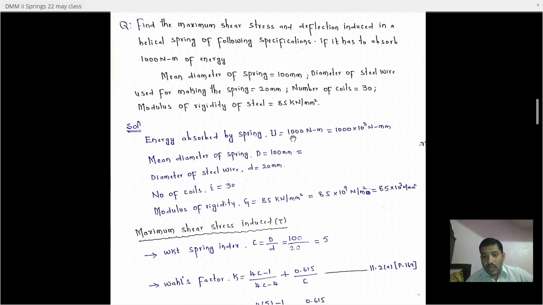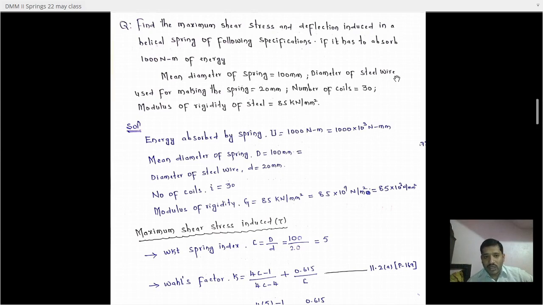If you want to convert it to millimeters, then 1 meter equals how much? 1000 mm. So we can present 1000 as it is into 1 meter equal to 1000 mm, so 10 power of 3 Newton mm. After that, the mean diameter of the spring is 100 mm.